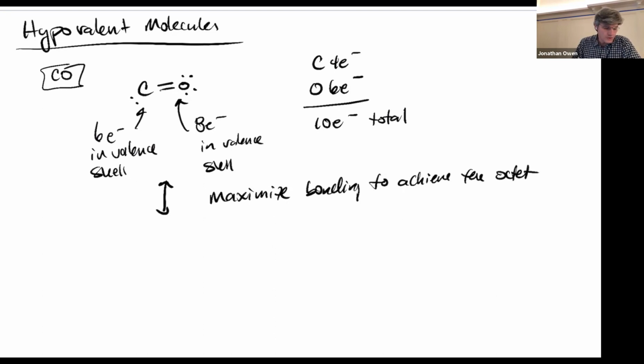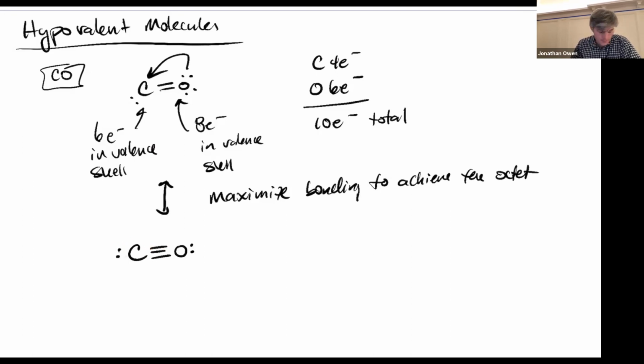And so what you can do is take this electron pair and push it over to carbon. And in so doing, you can make a bond. We lost an electron pair in oxygen because it ends up now in this bond that we didn't have before. Carbon still has this lone pair.